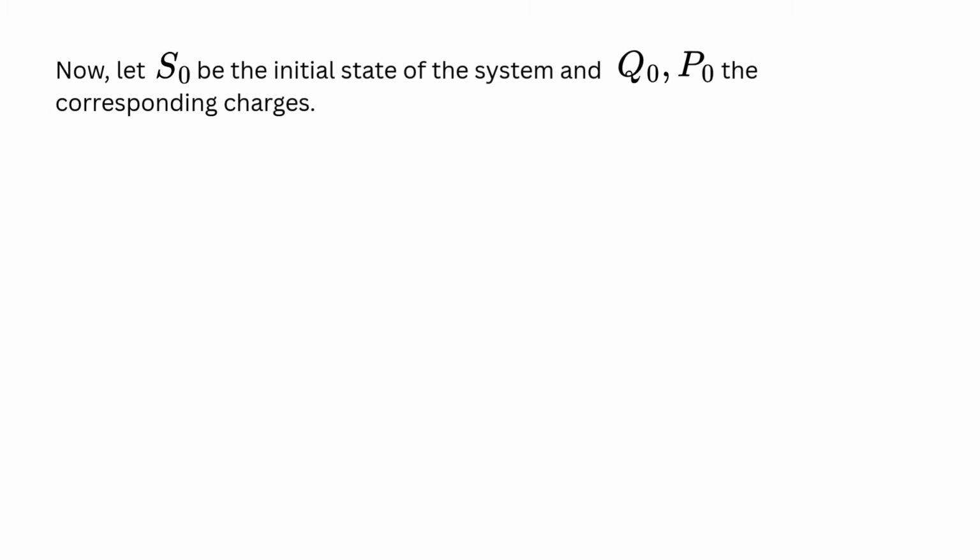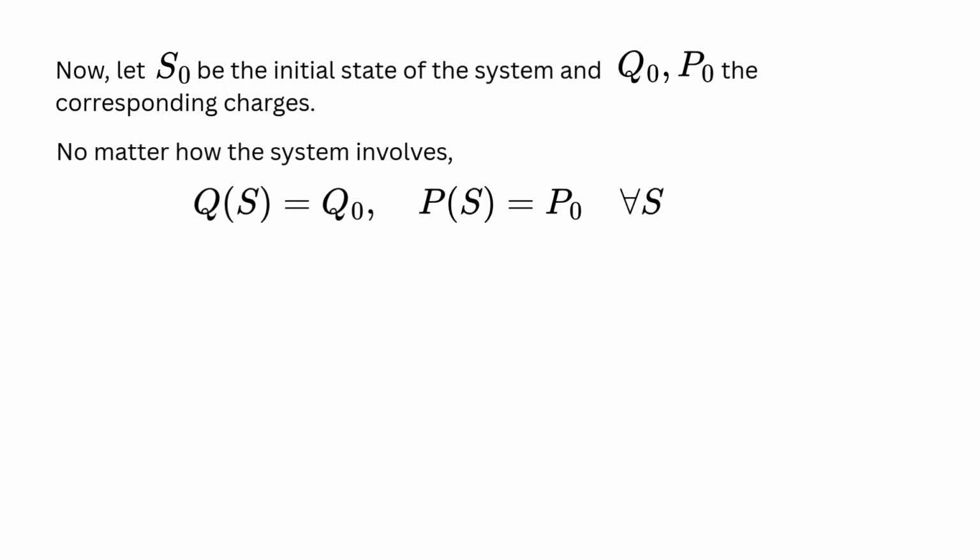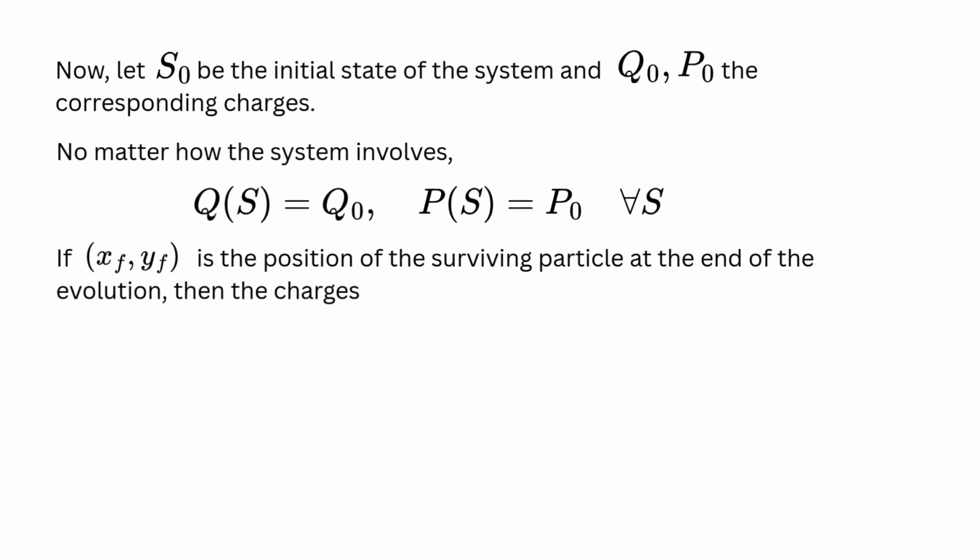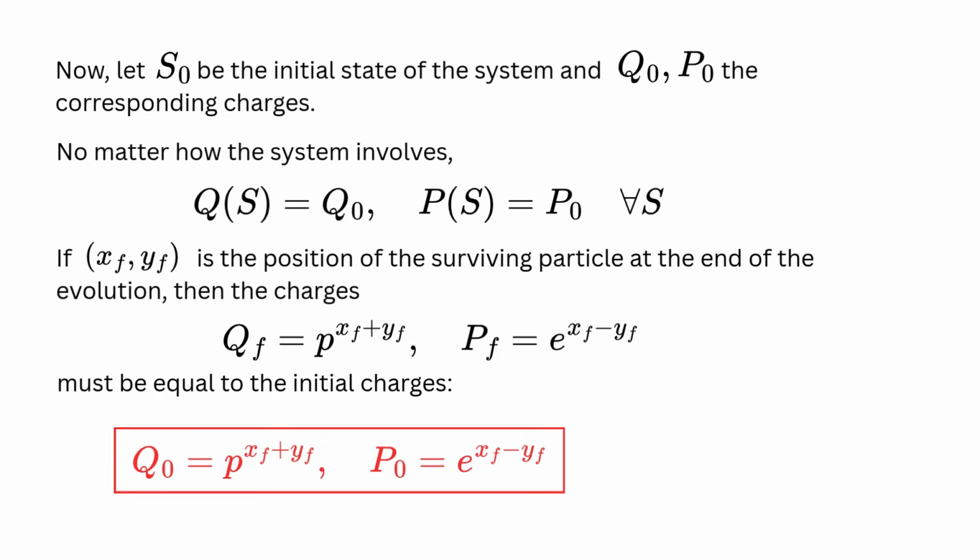Now, let S naught be the initial state of the system and Q naught, P naught be the corresponding charges. No matter how the system is going to evolve, the charges must remain fixed. If XF, YF is the position of the surviving particle at the end of the evolution, then the charges of the final state must be equal to the charges of the initial state. These equations form a constraint for the allowed target positions.